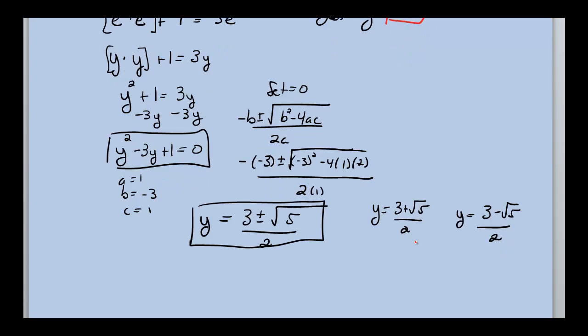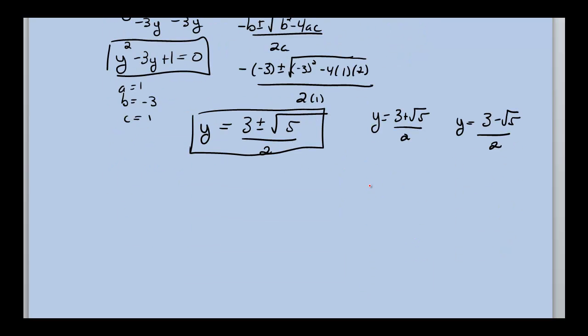So this is the same thing as me writing e to the x equals 3 plus radical 5 all over 2. And this is the same thing as me writing e to the x equals 3 minus radical 5 all over 2.